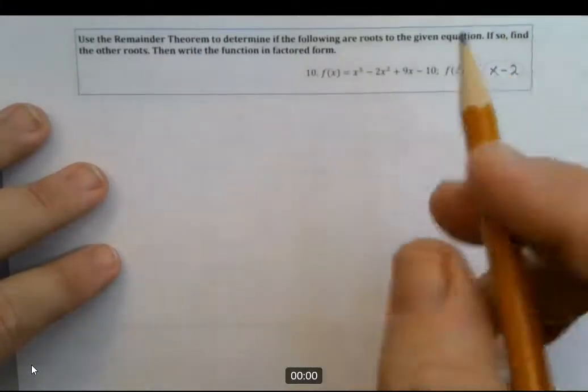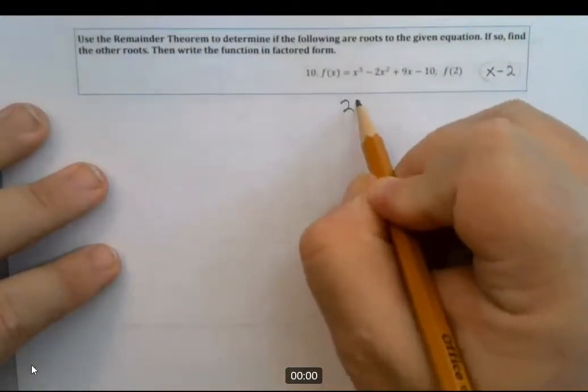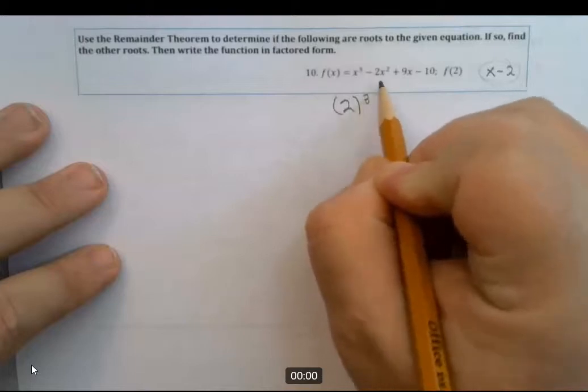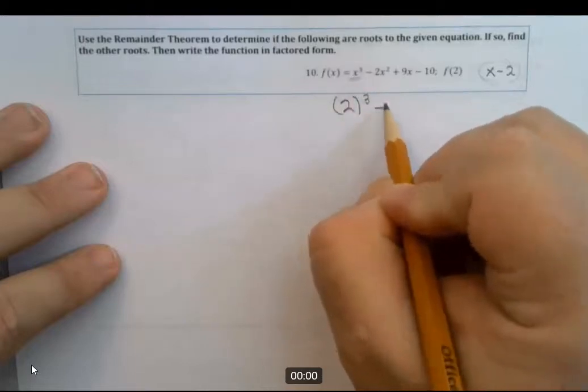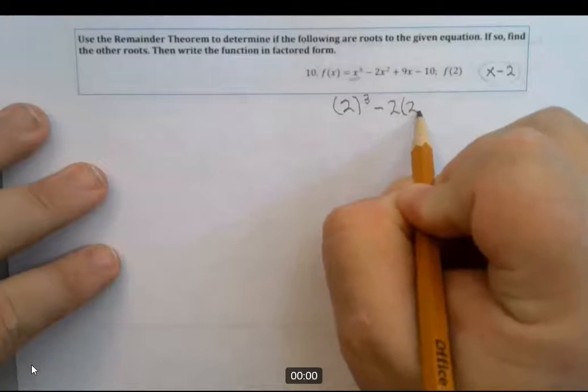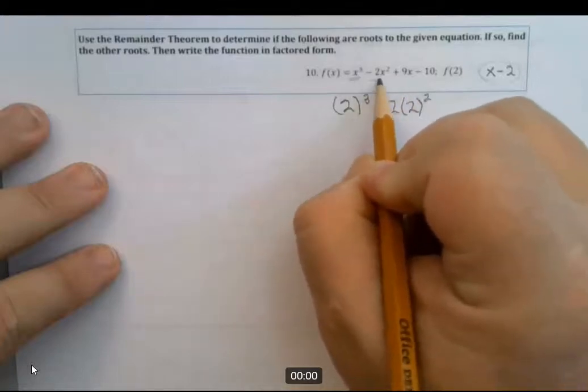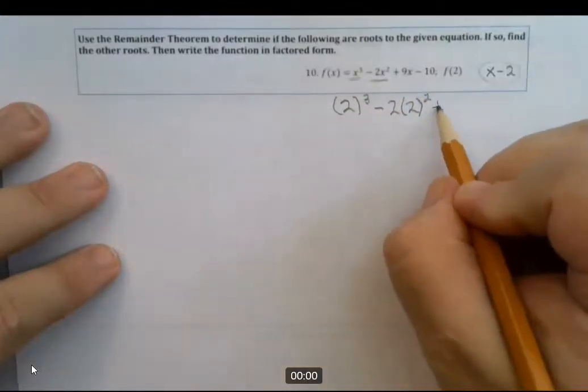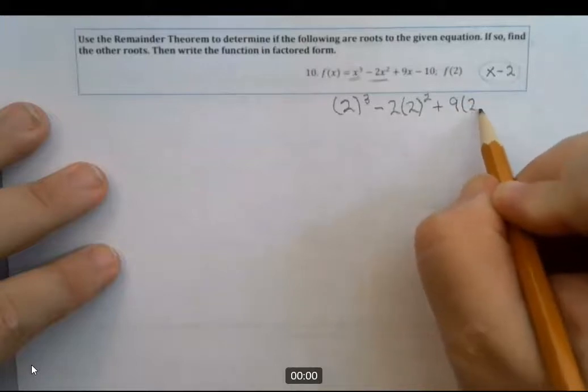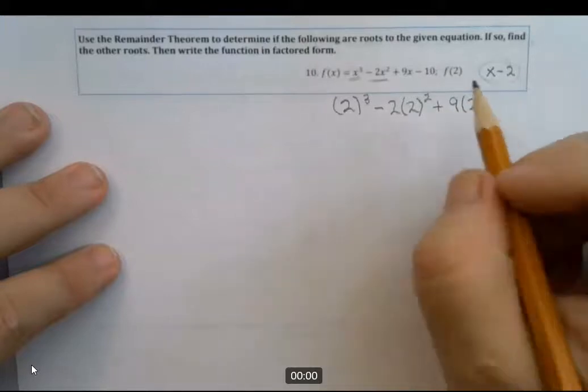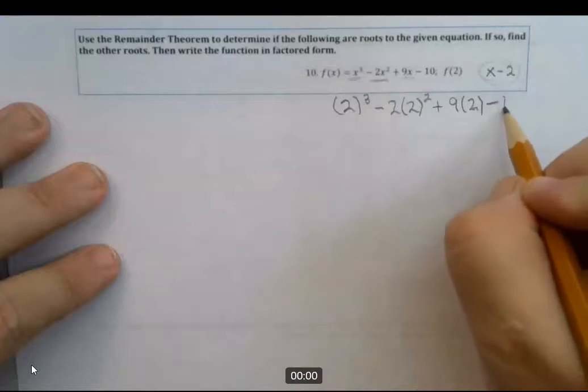So let's go ahead and plug the 2 in here. So it's 2 cubed, that's this right here, minus 2 times 2 squared, that's this term, plus 9 times 2, that's this term, and then minus 10.